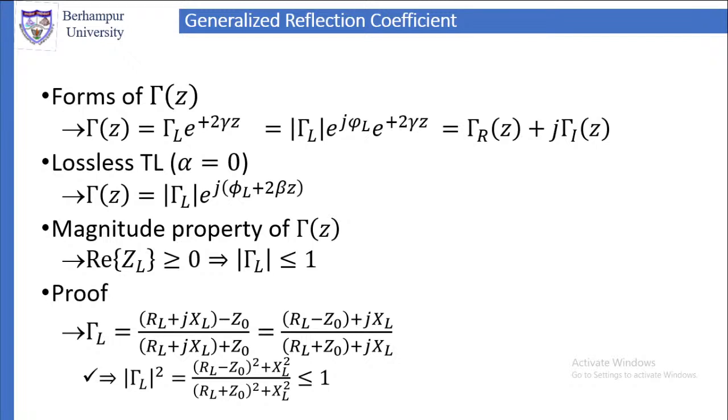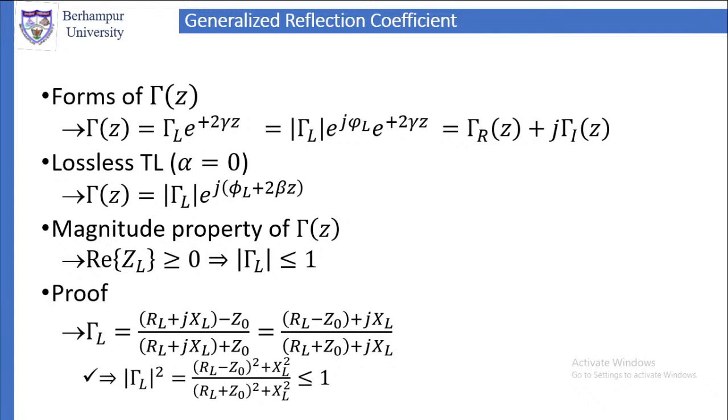Resistance cannot be negative. Resistance has to be, at best, 0 or more than 0. Therefore, real part of ZL is always greater than or equal to 0. If real part of ZL is greater than or equal to 0, then absolute gamma L should be less than or equal to 1.